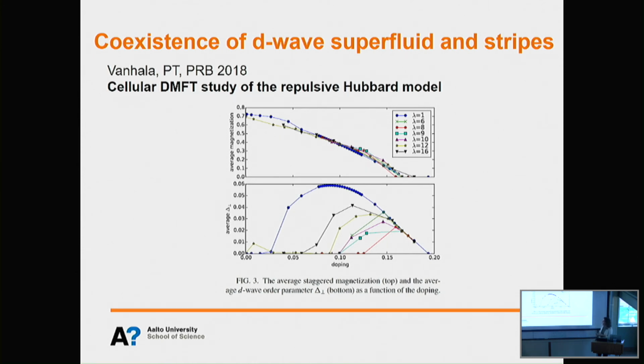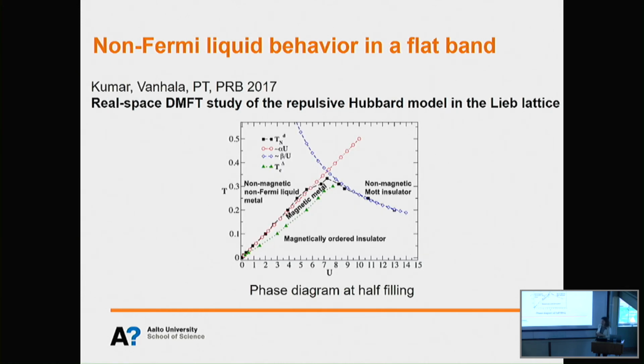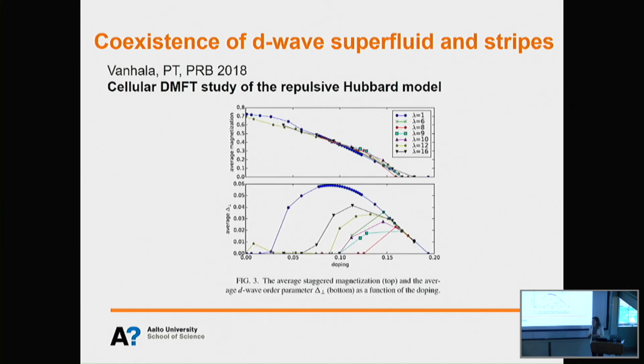Okay, so that's one. And then another work. What lambda was it? Lambda is the wavelength of the stripes, which are like a staggered magnetization. So we plug it in as a parameter, and then we see what gives the minimum energy.